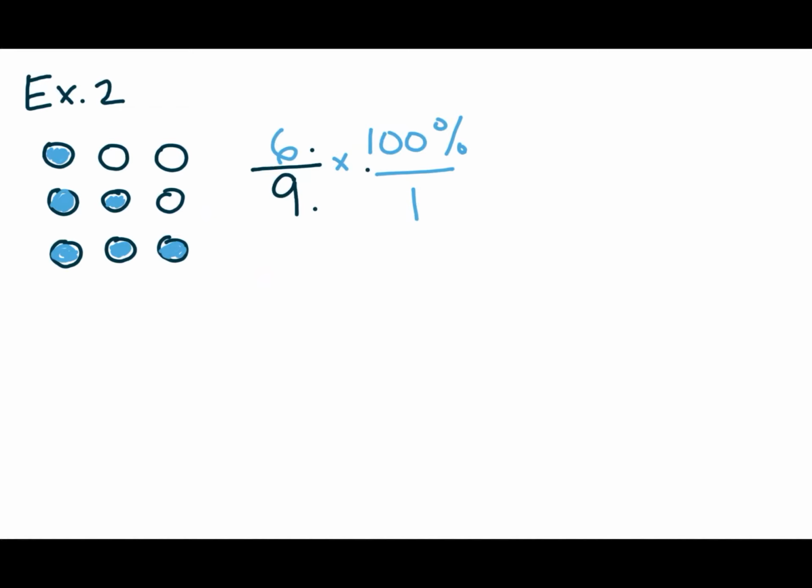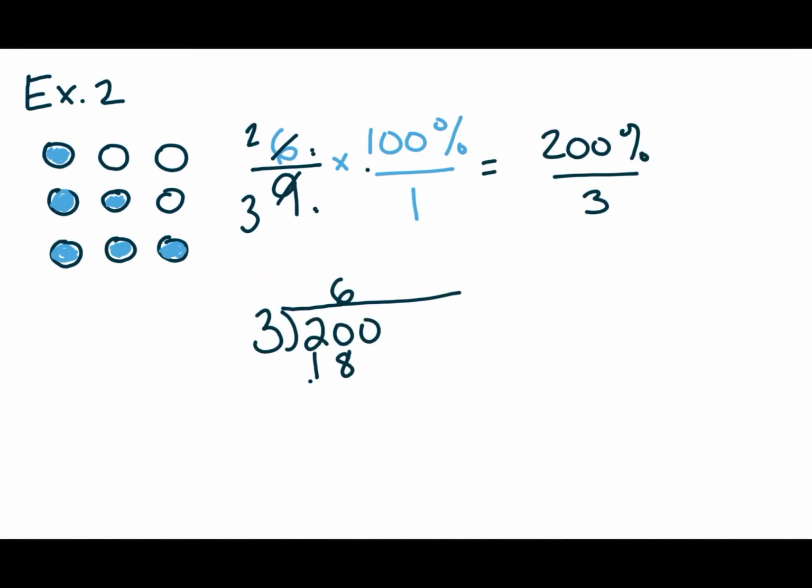Well, we're not done, okay? We need to divide. This one is just going to be a little bit messier. 3 goes into 20 six times. 6 times 3 is 18, all right? And we get 2 again. Okay, and I think you'll notice that if we keep going, and we put a decimal point here, it's just going to keep going with 6s.